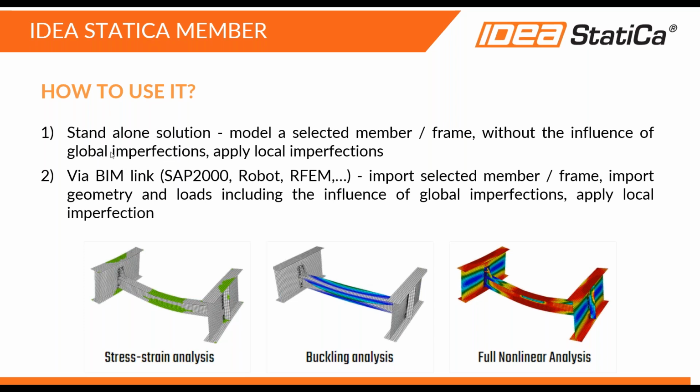And those are represented by the value of the loads that we input into Member, and we just apply the load imperfections, this E0 value, right? Then we can do this more wisely and more easily.